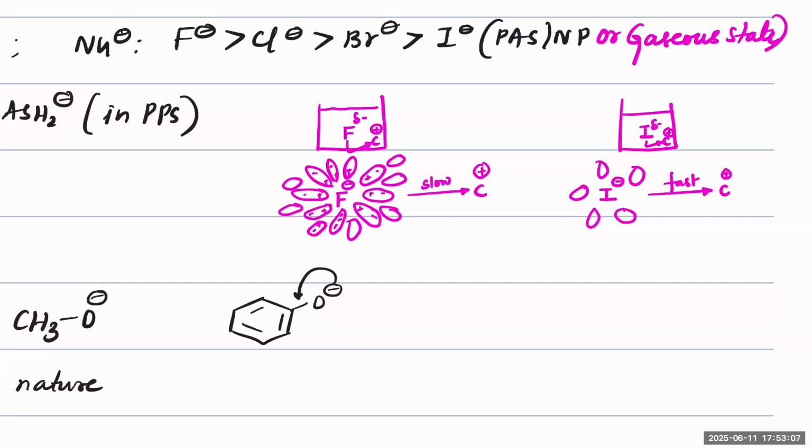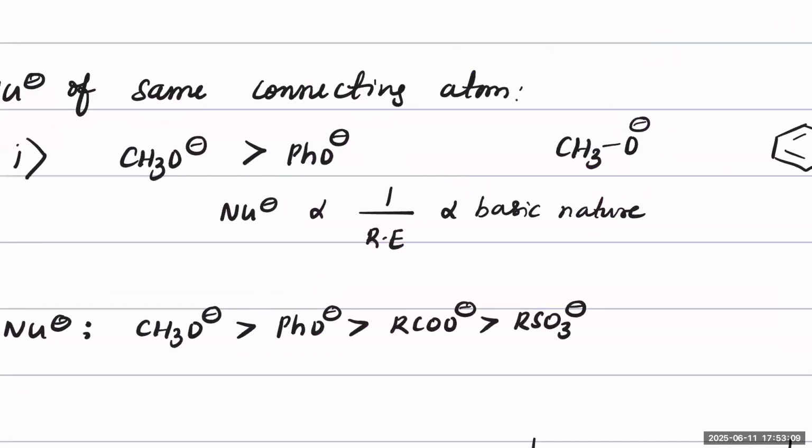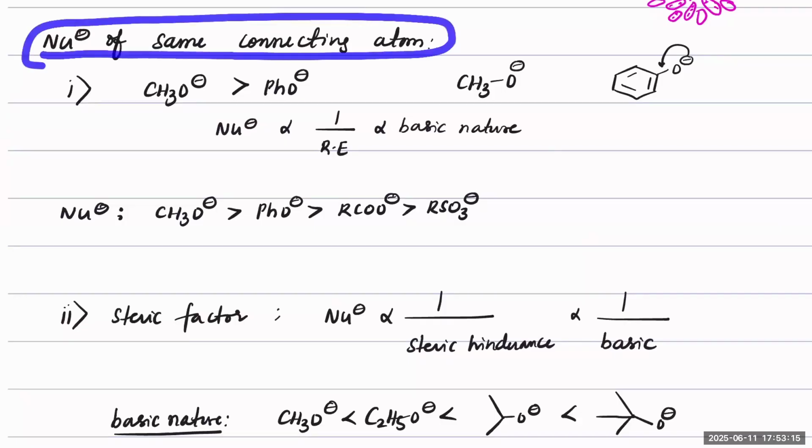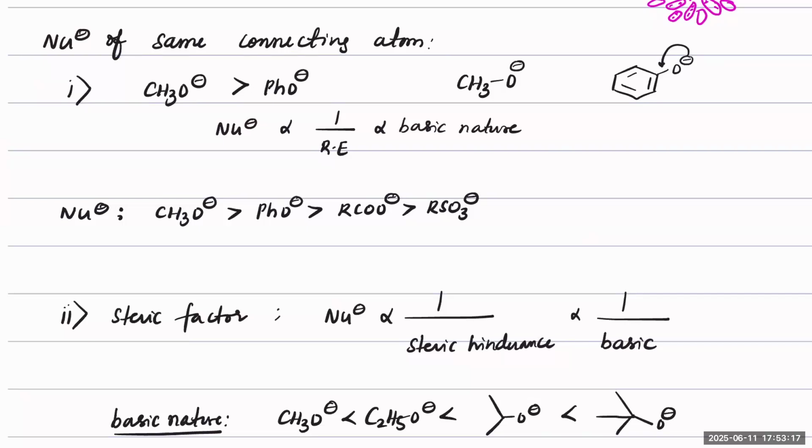Right. So check it out. If you notice, nucleophiles of the same connecting atoms. So you can see oxygen is the same atom which is acting like a nucleophile here with a charge on it, then how do we compare the groups around it? So what do you check out? You will check out which has a resonance and which does not have resonance.